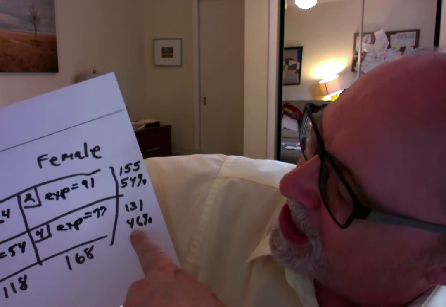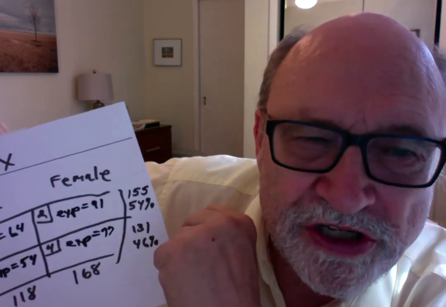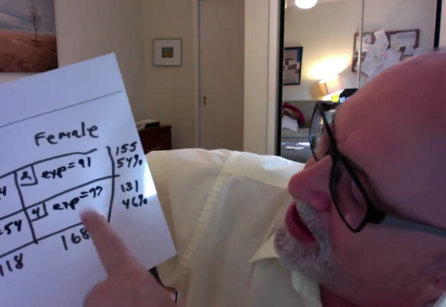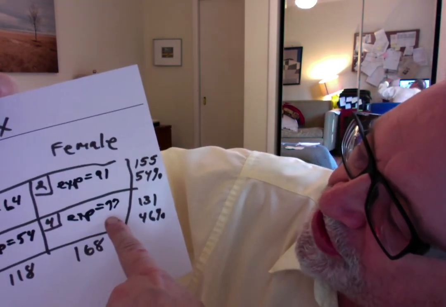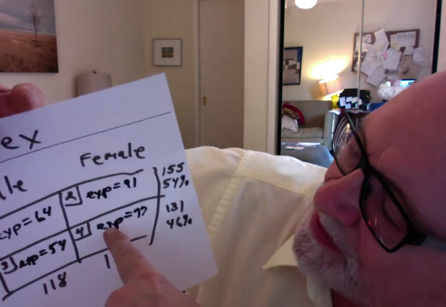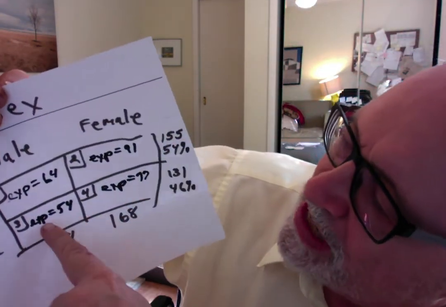Then we go down to Dukakis, the Dukakis row. Dukakis got 46% of everybody. The null hypothesis says he's going to do just as well among males and females. So he should get 46% of the females. There's 168 females, so 46% of the 168 is 97. That's the expected value if the null hypothesis is true. Then we go down to the males.